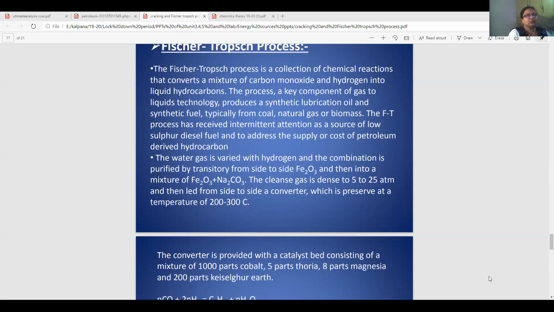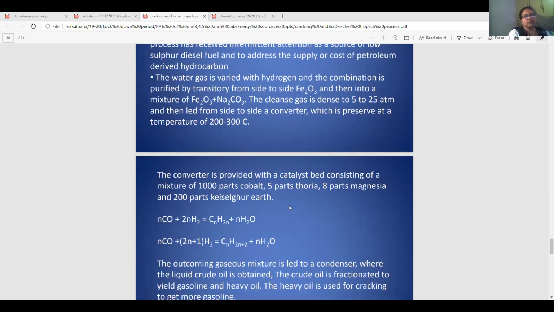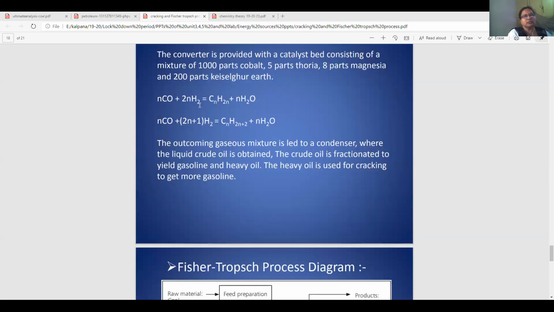The converter is provided with a catalyst bed consisting of a mixture of 100 parts of cobalt, 5 parts of thoria, 8 parts of magnesia, and 200 parts of kieselguhr. What is happening is that the water gas, CO plus H2, becomes CnH2n plus H2O. That is, alkenes or olefins are being formed.